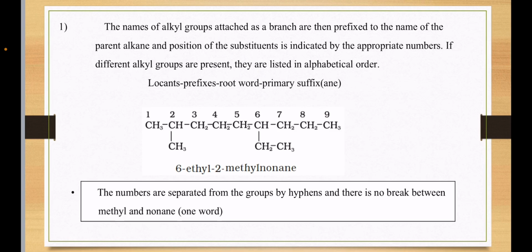Now the names of alkyl groups attached as branches are prefixed to the name of the parent alkane, and the position of the substituent is indicated by the appropriate numbers.